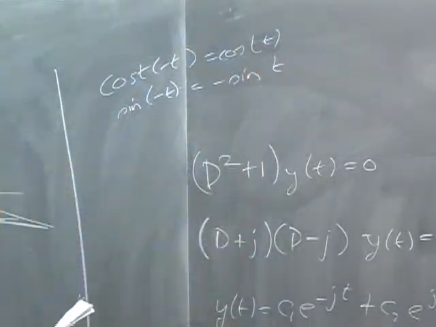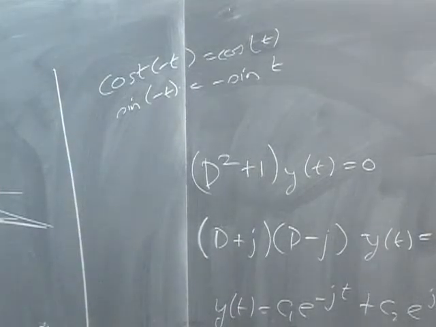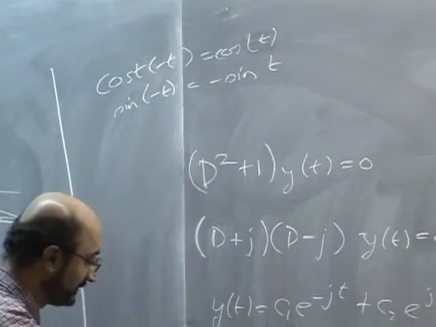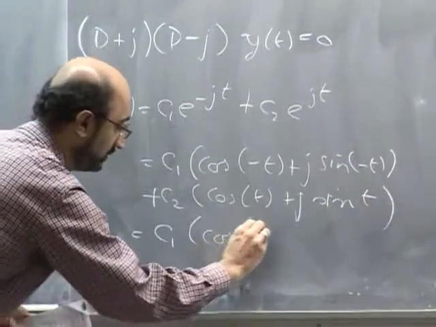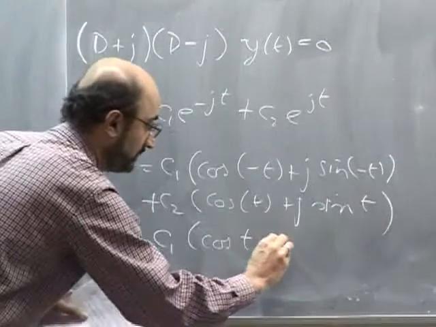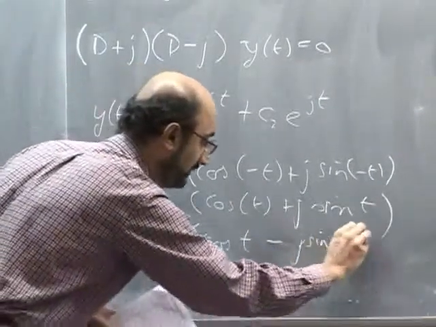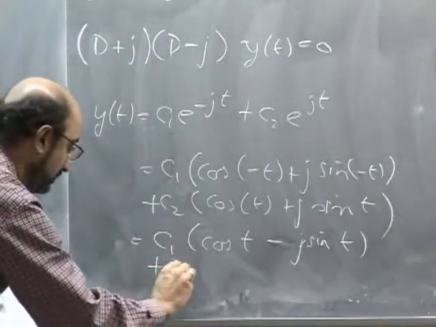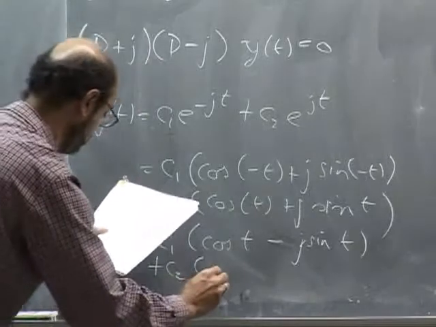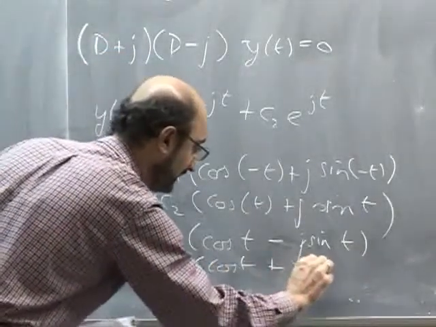So using this, we can expand this as being c1 cos t minus j sine t, plus c2 cos t plus j sine t.